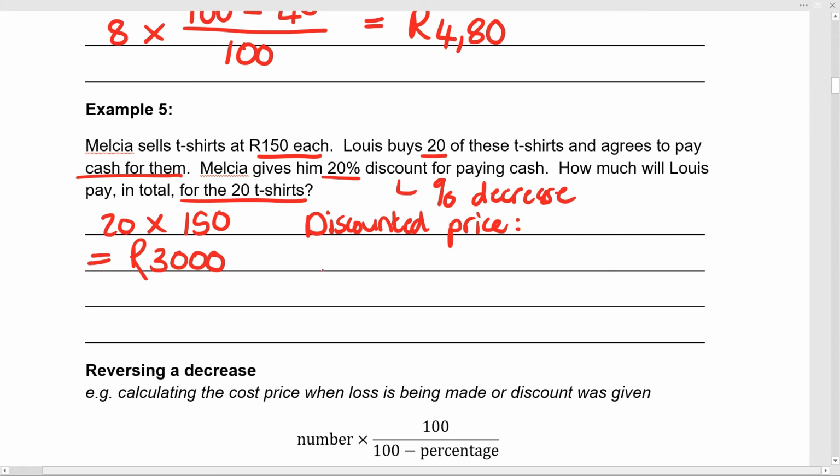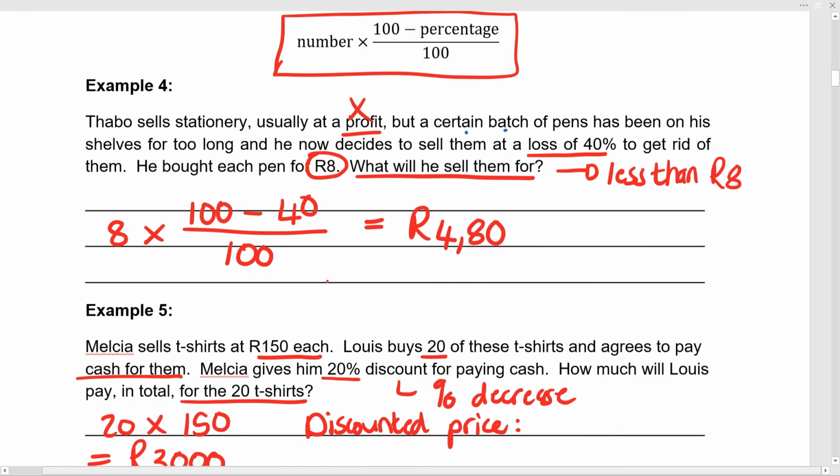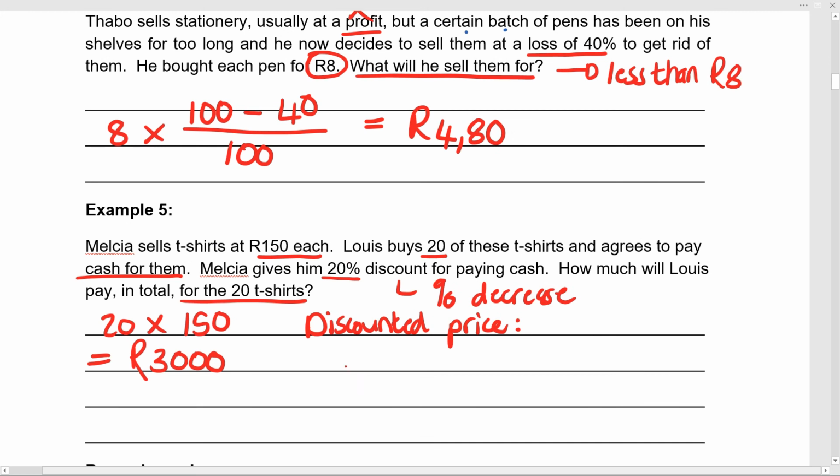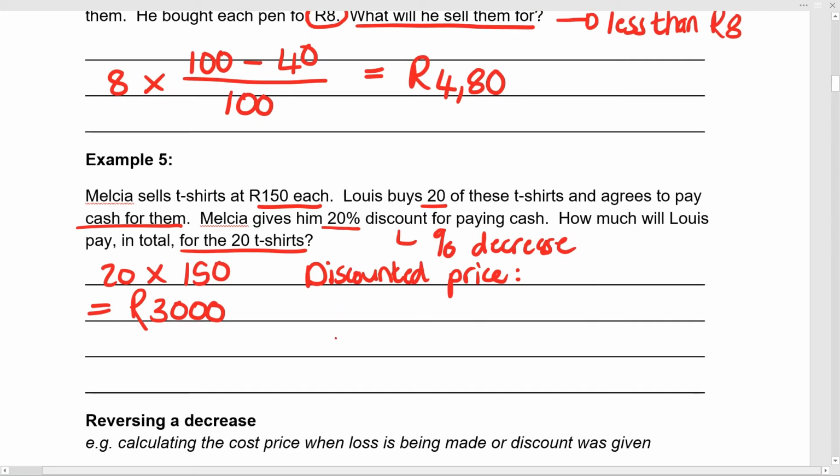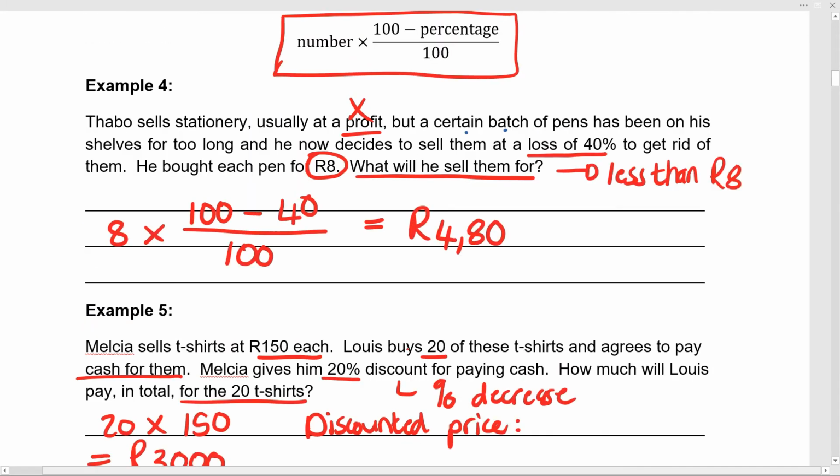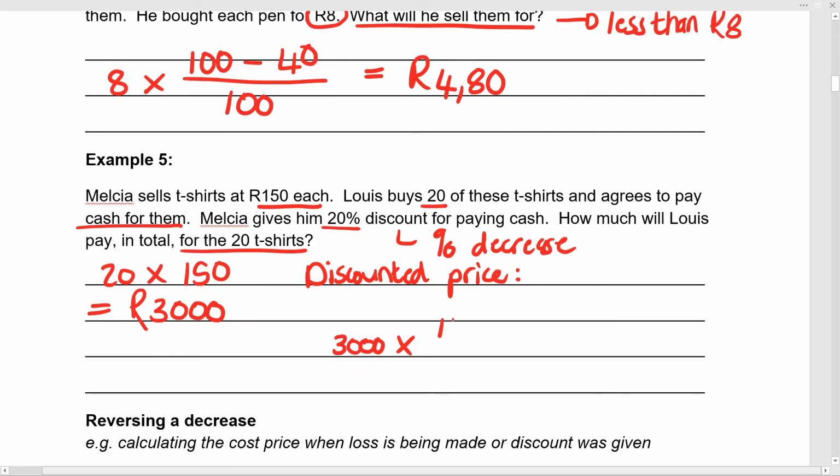Okay, so let's go back to the formula. I'm going to take my number times 100 minus the discount over 100. So I'm going to take my number, which is 3,000, and I'm going to multiply it by 100 minus, what was the discount? 20% over 100.